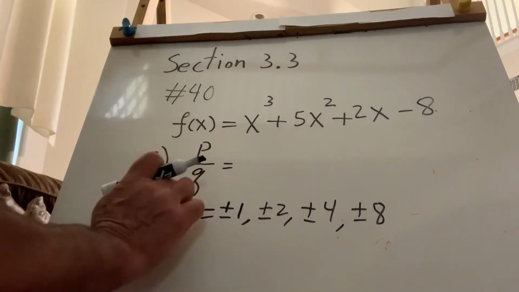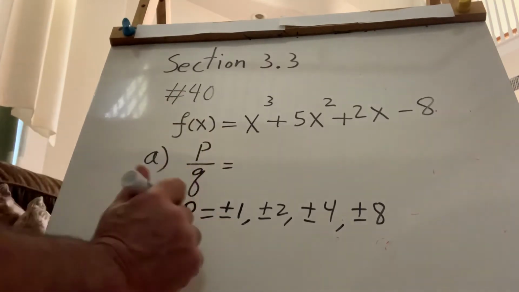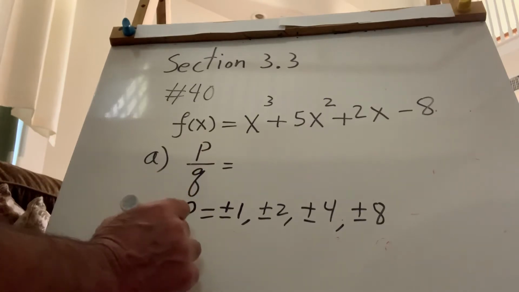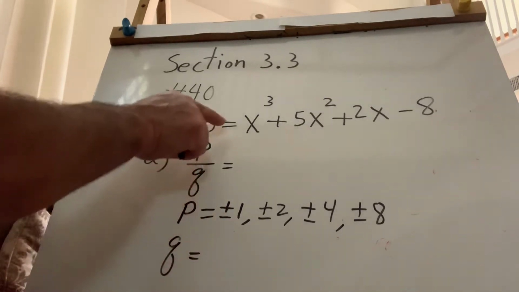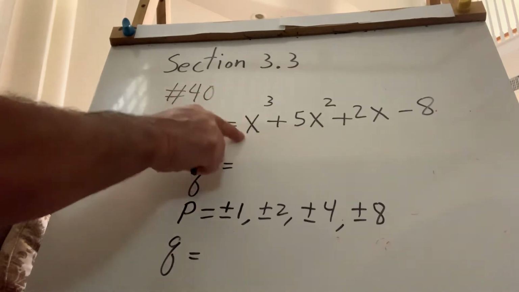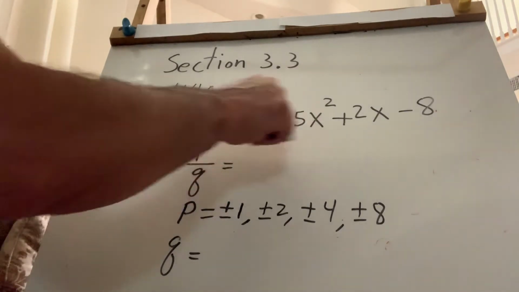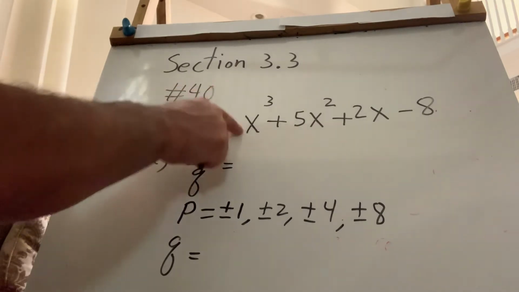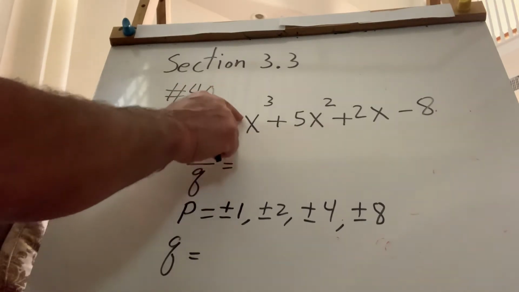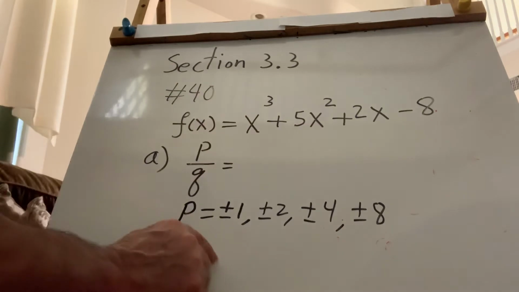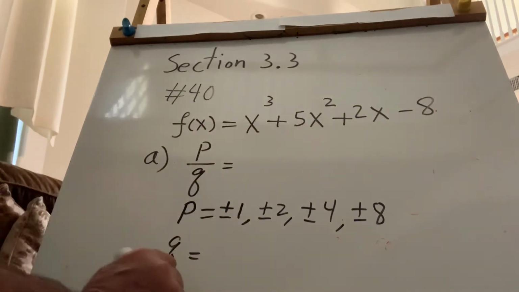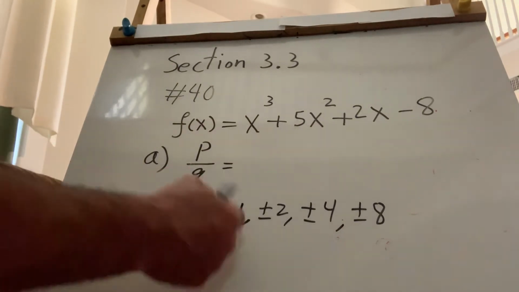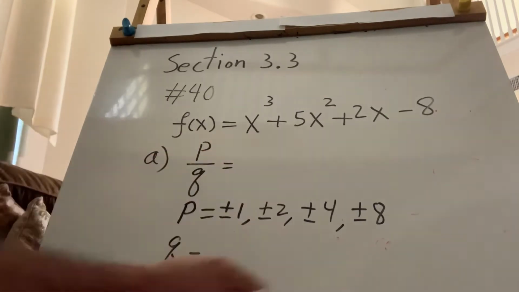Now, on the other hand, the q, the denominator of these possible rational zeros, is an integer factor of the leading coefficient. This is what I was talking about, that this is a special case, because in this case, as you can see, the leading coefficient is 1. Now, let's say, for example, the leading coefficient was 4, then you would have to list all the possible integer factors of 4, which would be plus or minus 1, plus or minus 2, plus or minus 4.